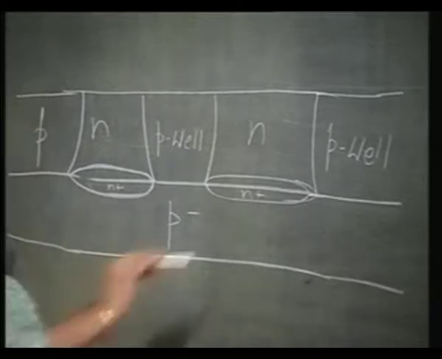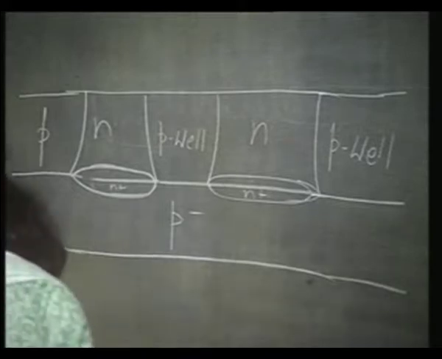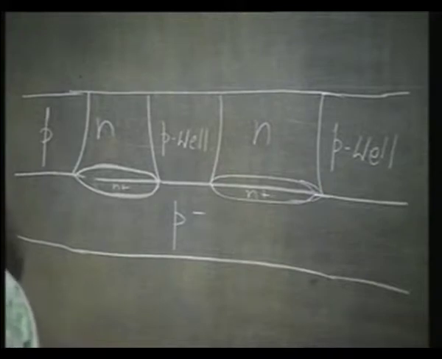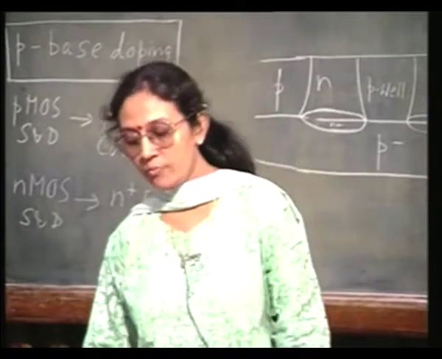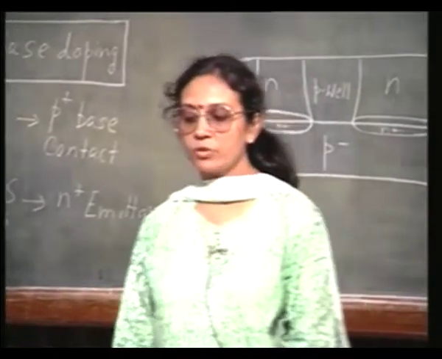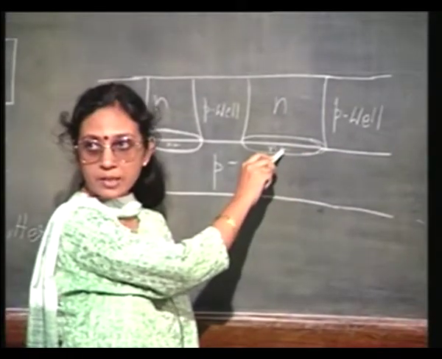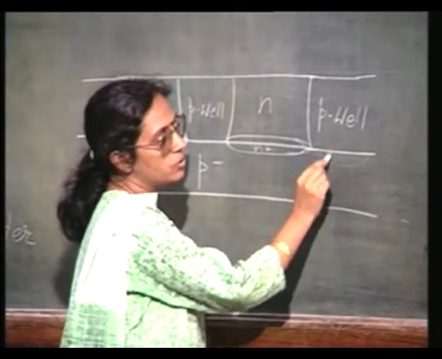Okay. But since this p is very lightly doped, there is a possibility of punch through unless it is separated well. So, you have two choices. One is of course, you could add a p plus buried layer, just as n plus buried layers are given here, you could have a p plus buried layer aligned to the POL.